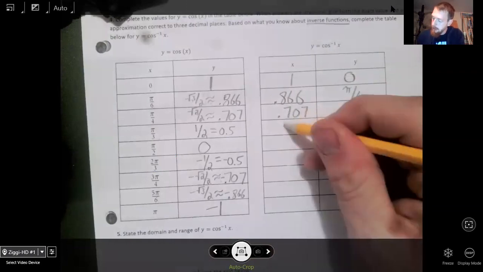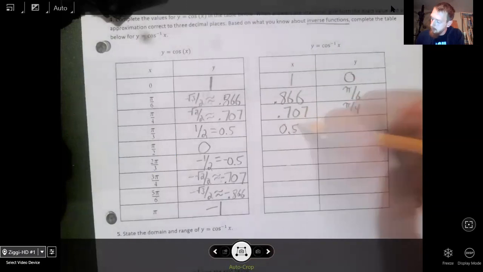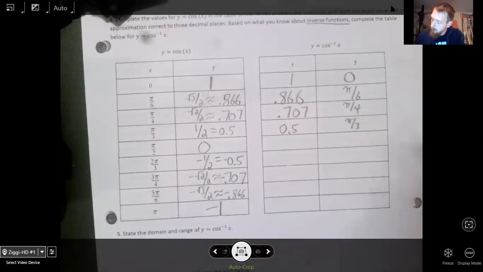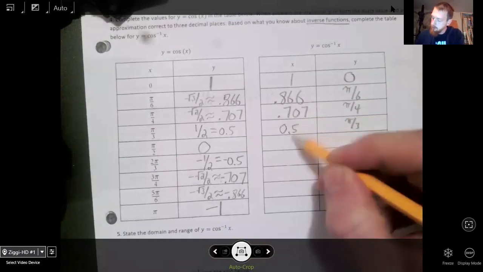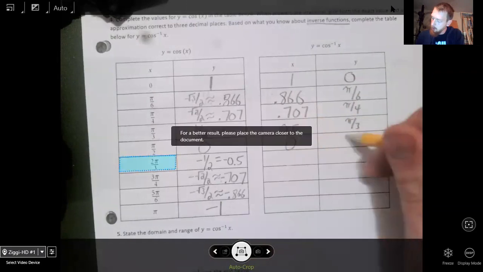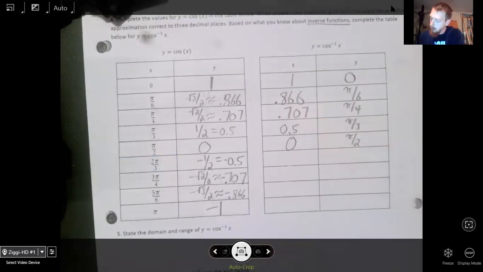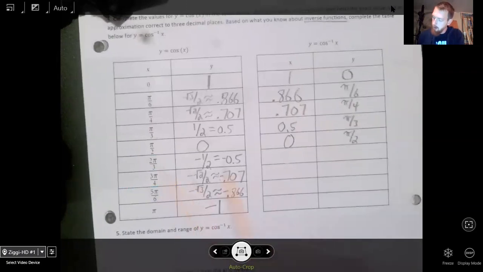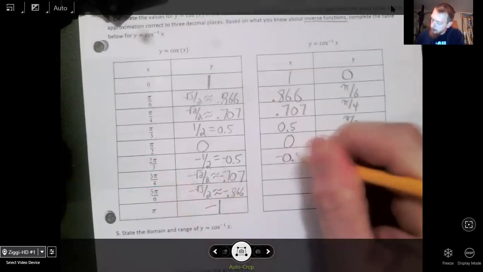So when we do the inverse cosine, that gives us the ordered pair 0.5, π/3. The cosine of π/2 is 0. So in the inverse table, that's going to give us 0, π/2. And now we're going to do the quadrant 2 values. We're just going to switch around x and y.